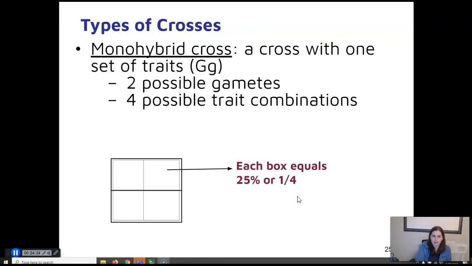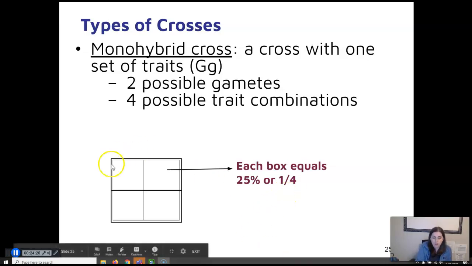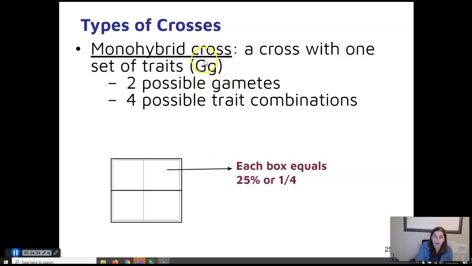All right. When you have a single trait, this is going to be a monohybrid cross. It's a cross with one set of traits. So this could be your heterozygous one of big G, little g. You have 2 possible gametes from each parent. So I would add that. In fact, we should add that from each parent.